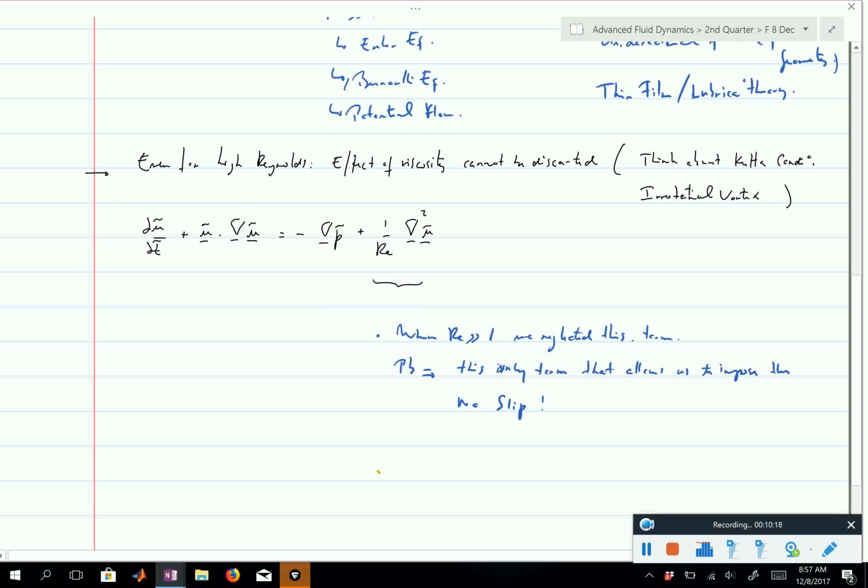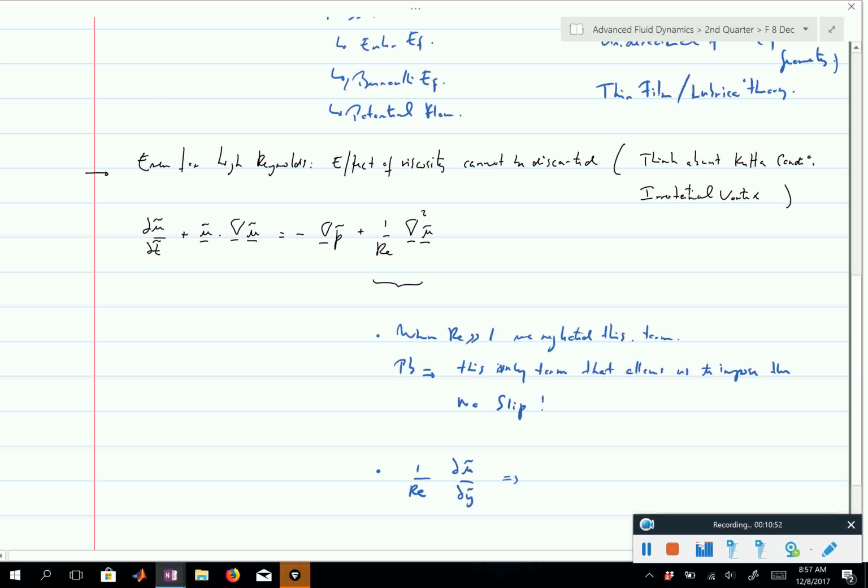So in reality, what happens is that when you write this term, think about 1 over Reynolds number. Of course, the Laplacian is a complicated term. If you think about your shear stress, that would look something like this. You have a shear stress, which will scale like that, 1 over the Reynolds number times your shear stress.